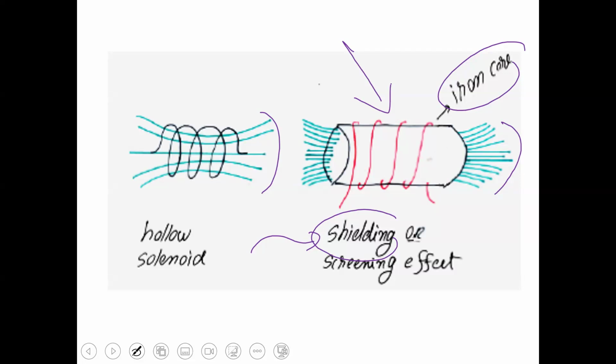This is called the shielding effect. Due to this effect, the strength of the electromagnet increases.